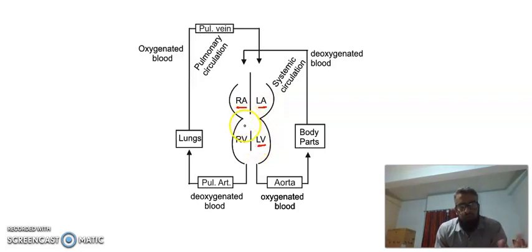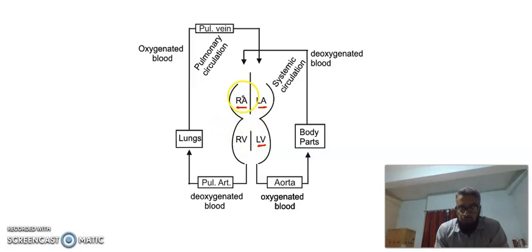The oxygenated and deoxygenated bloods received by the right and left auricles, respectively, pass on to the ventricles of the same side.